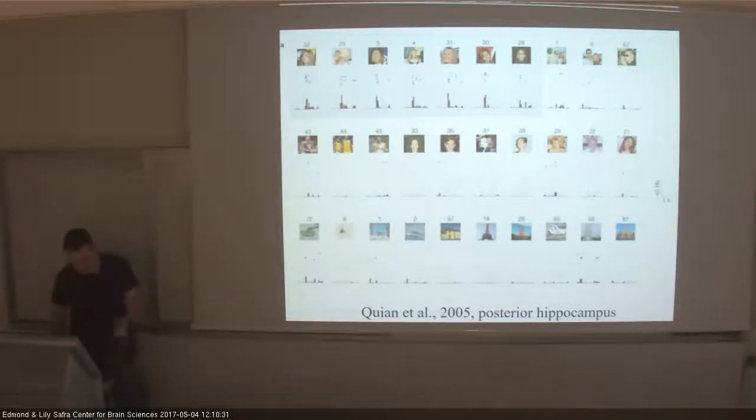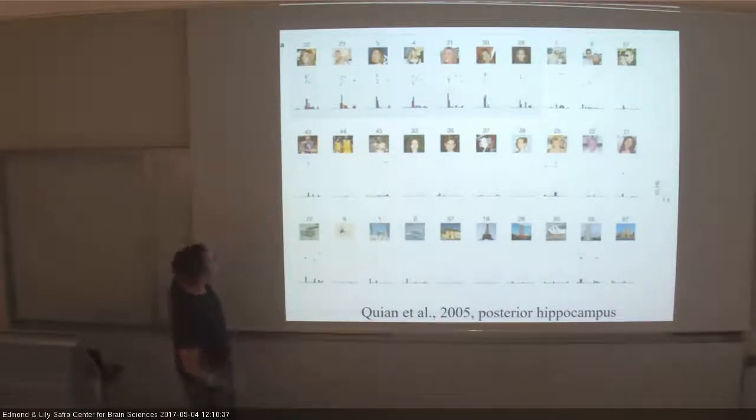So this is an example from one paper. I apologize for the quality of the image. Well, this is what you have in the paper. What you see here is the response of a single neuron in the human brain in a region called posterior hippocampus. For the purpose of our discussion, we don't care where the posterior hippocampus is.